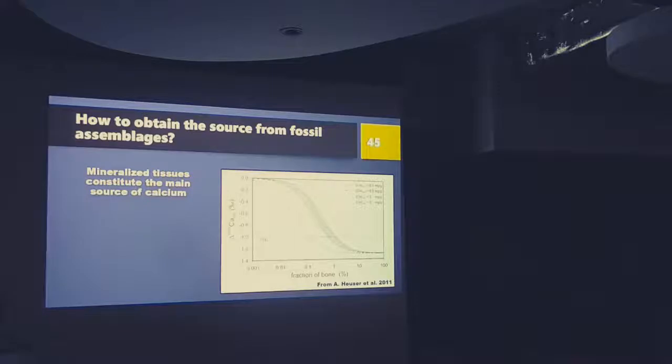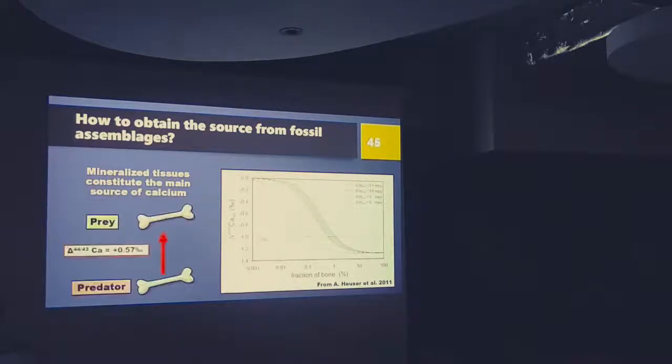Just a few percent of bones are needed to completely overprint the signature of all the rest of the food. So we can use the isotopic signature that we collect on bones on enamel, because enamel has the same isotopic composition as bones.